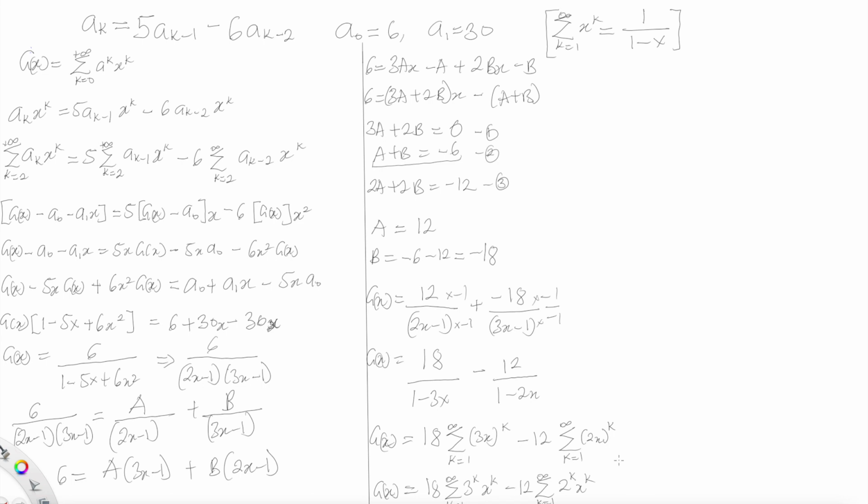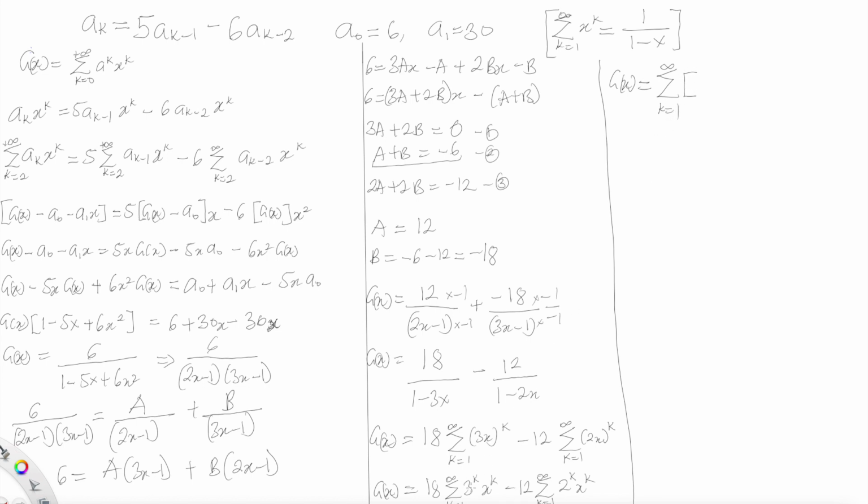So now we could bring the summation outside and then factor out x at the power k. So g of x would now equal, bringing the summation out, k equals 1, since they are the same, and then a bracket.